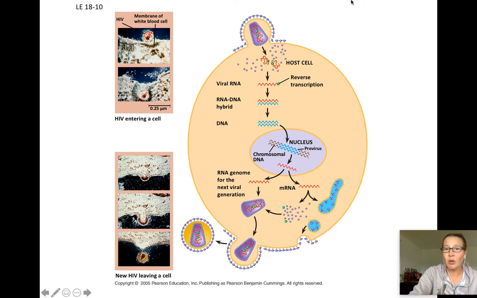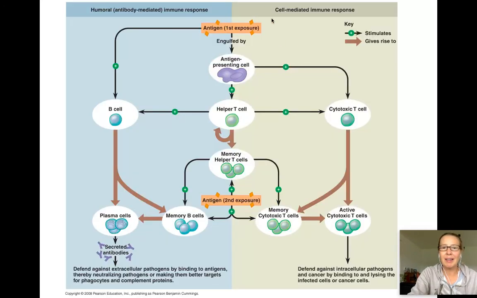Now, the virus on its own can't do that. It needs a host cell. And the host cell it chooses with HIV, which is why it's an immunodeficiency, is that it tends to infect helper T cells in the body. If the helper T cells are its target cell of choice, you can only imagine what that does to the body's immune system.